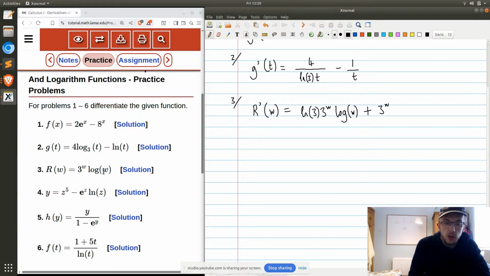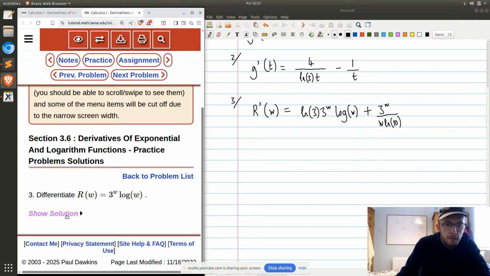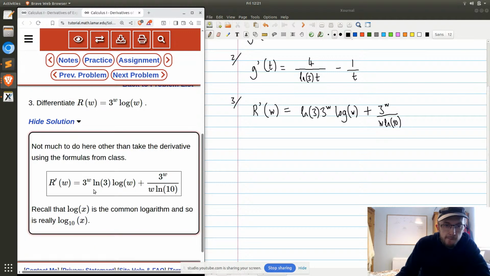The derivative of log base 10 of w is 1 over ln 10 times w, or 1 over w times ln 10. That would be better. Like that. Okay, so check. Looks good.